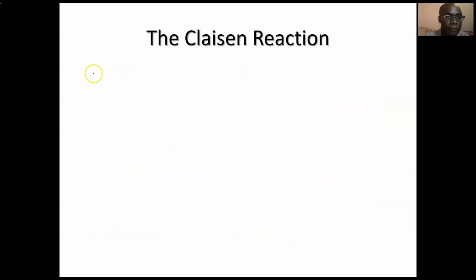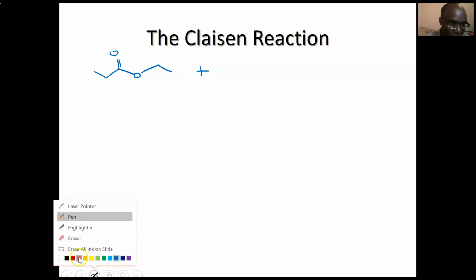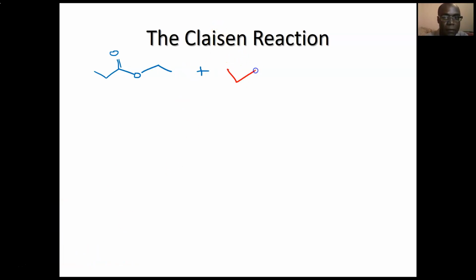So let's say you're given this molecule, as given in the notes, and reacting it with itself. So remember, one of the molecules should give you the nucleophile.